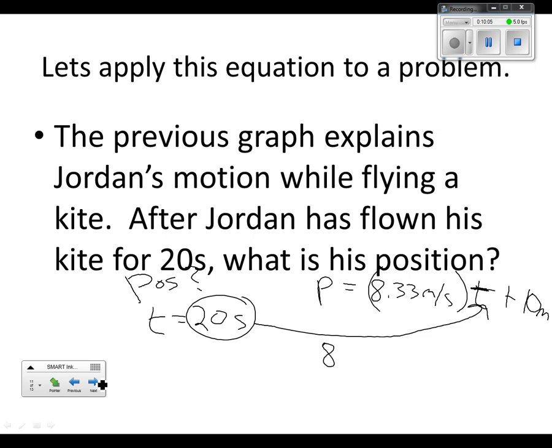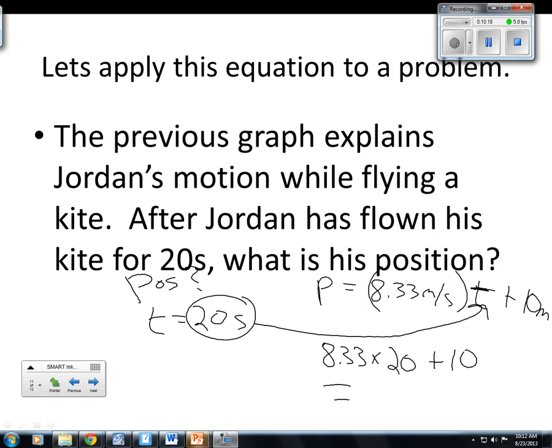So you just take 8.33 times 20 seconds plus 10 meters. So its position ends up being 176.6 meters. And make sure you include the unit.